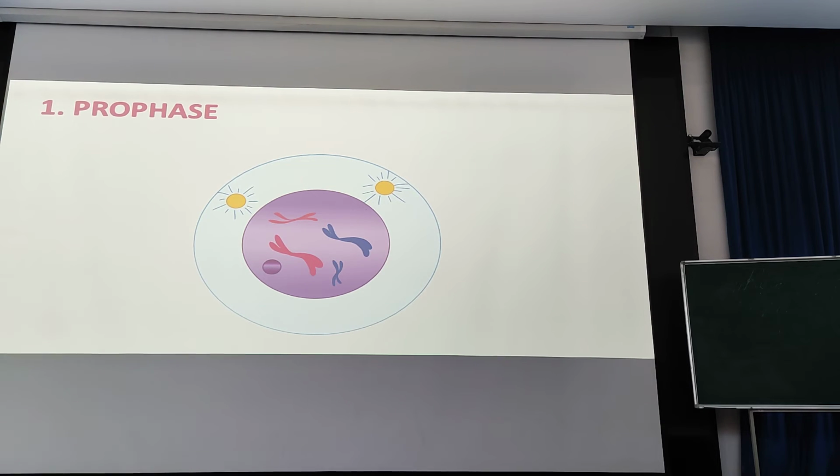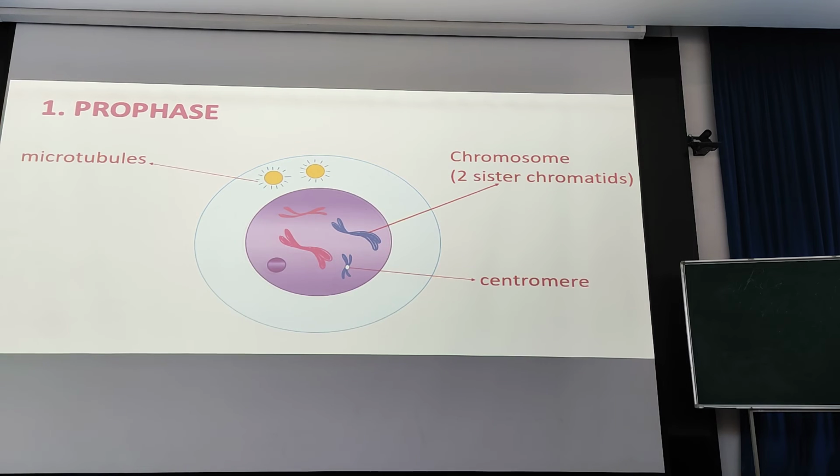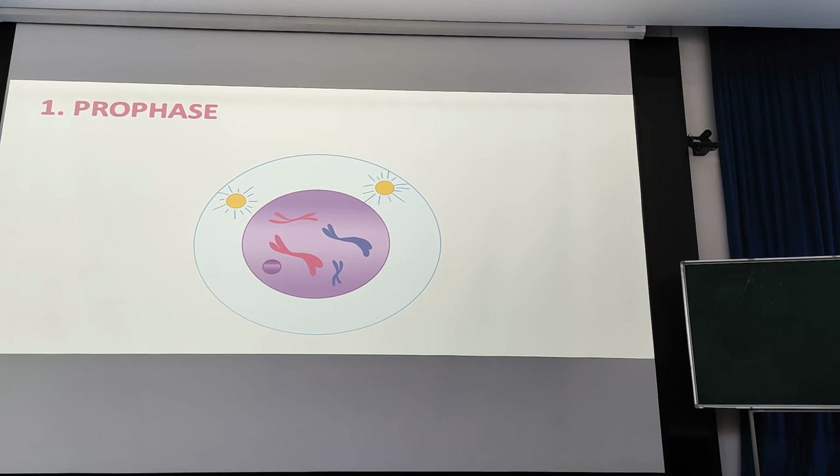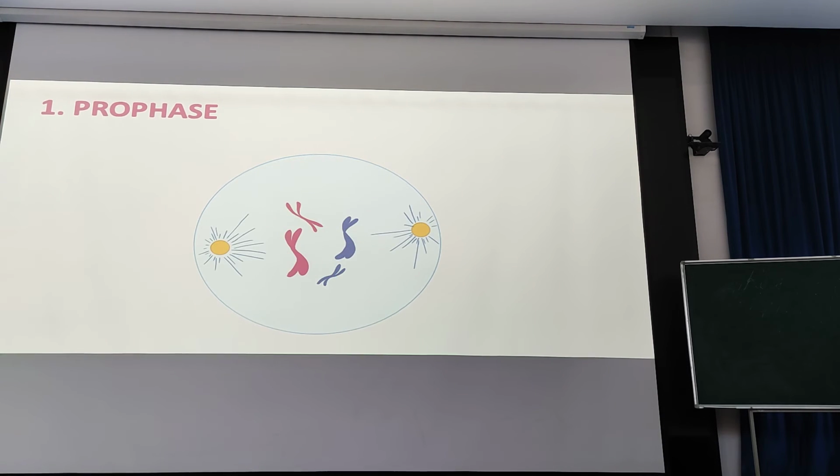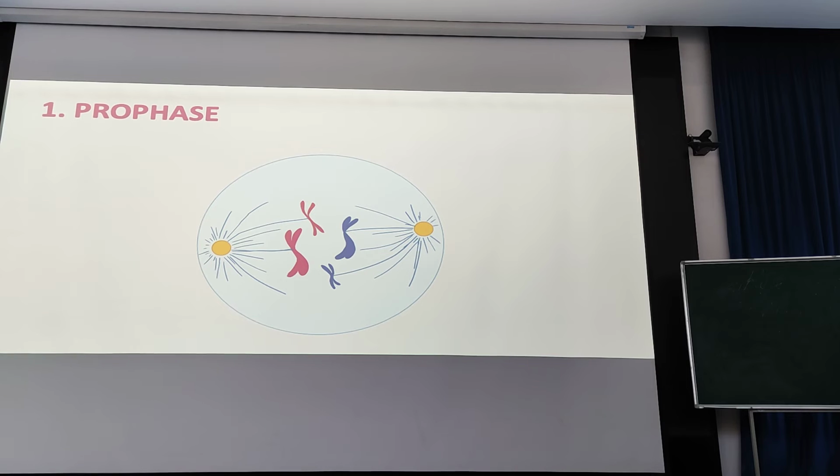The centrosomes move to the opposite poles, and the nucleolus disappears, and then the nuclear membrane is also broken down, and the microtubules go to attach the centromere of its chromatid.